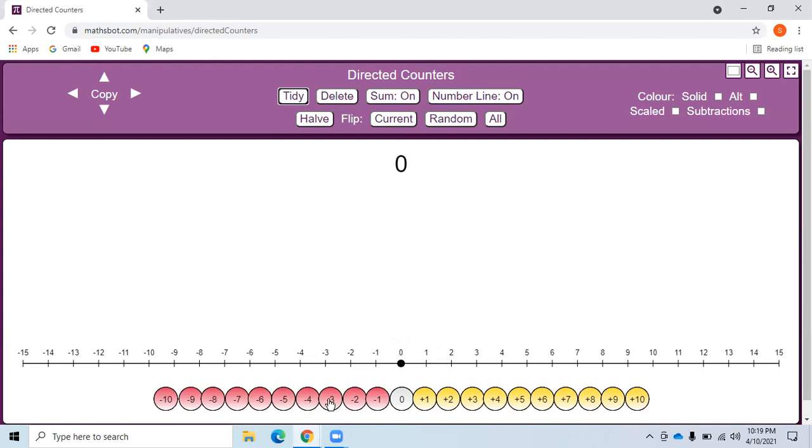If we have -3 plus +3, -3 tells me I'm going to start out at 0 and move 3 to the left.